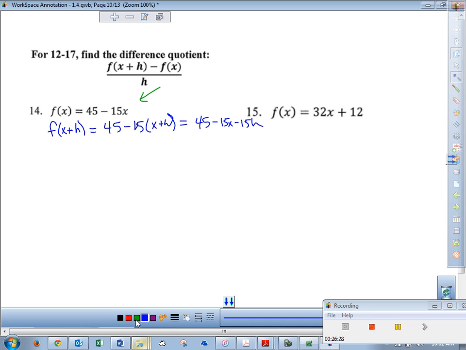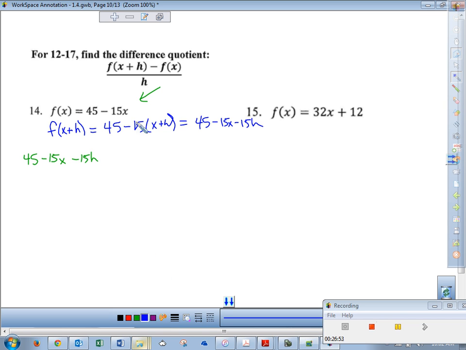Then we substitute all our ingredients into the formula, which will be provided for you on your homework quiz, by the way. You don't have to have that memorized. Okay? It will be the 45 minus 15x minus 15h.